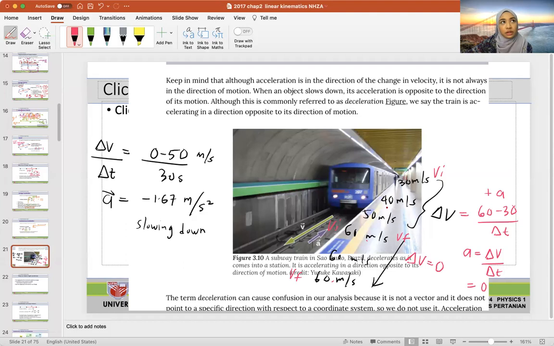It's related to the shorter duration of time. Shorter duration of time. Instantaneous. Yes, it's an instantaneous acceleration. When we talk about average acceleration, we want the total change in velocity over the total change in time. But for instantaneous, we are concerned about just a section.